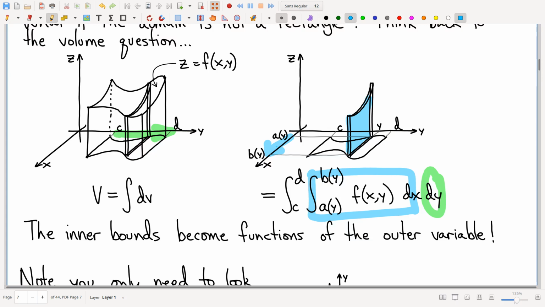But notice all that's happening is I'm slicing in one direction, keeping track of starting and ending values, and then looking at the corresponding slice, looking at a corresponding fixed value of y, and then slicing in the other direction. So we start by slicing in the y direction. We get these y slices. To understand the y slices, we have to further slice in the x direction. Okay, so we're going to rip off that general strategy.